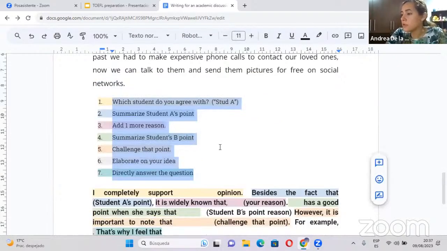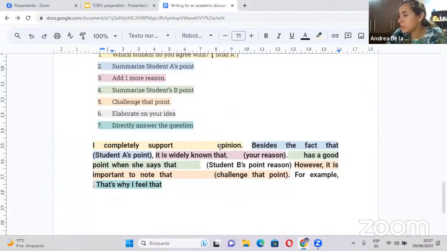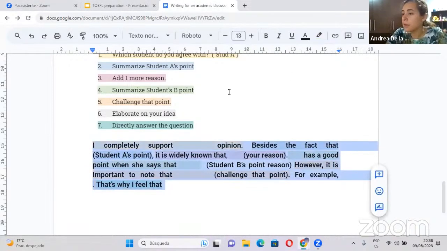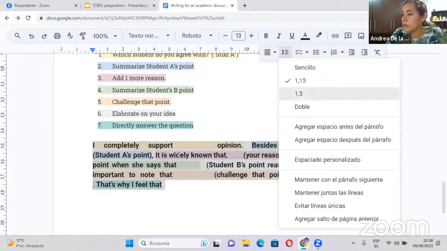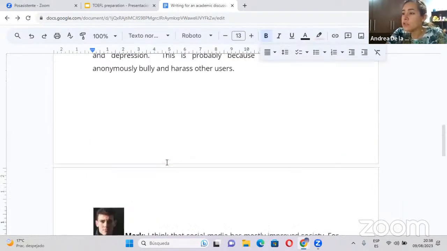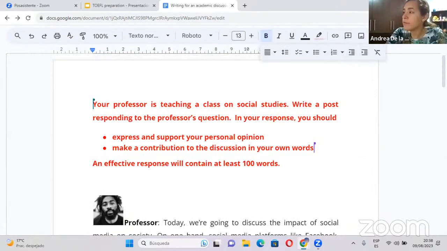So again, somebody's joining just now. Please, I'm sending you guys the link again. Open the link that is on this chat. And I want you all to make a copy of this document.